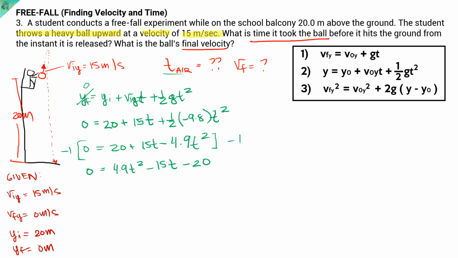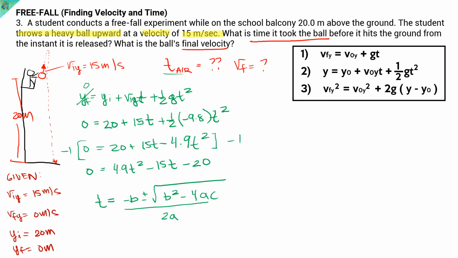Okay, so let's write down our quadratic formula. That would be searching for t is equal to negative b plus or minus the square root of b squared minus 4ac, over 2a. Okay, this is the quadratic formula. Just kindly remember that.